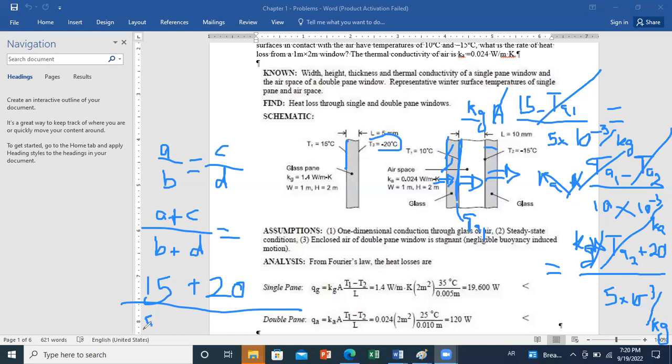So 5, 10 minus 3 over Kg, and because you have it 2 times, I will put it times 2. Plus 10 minus 3 over Kf.